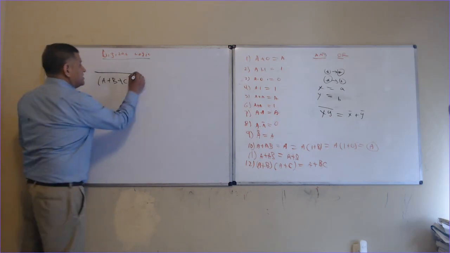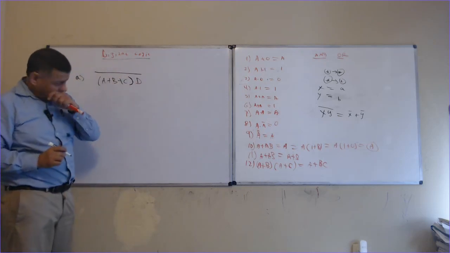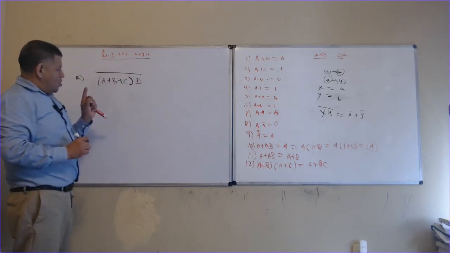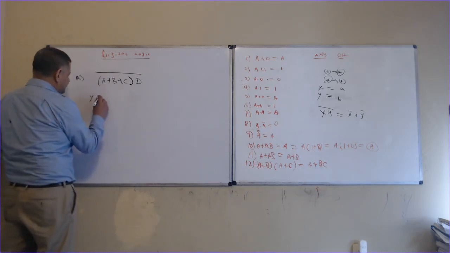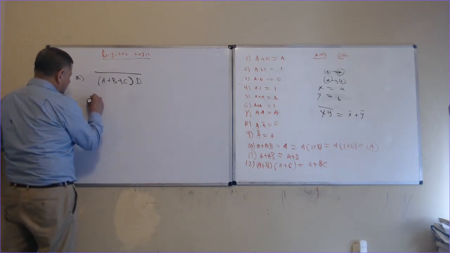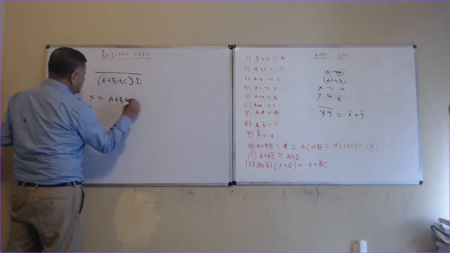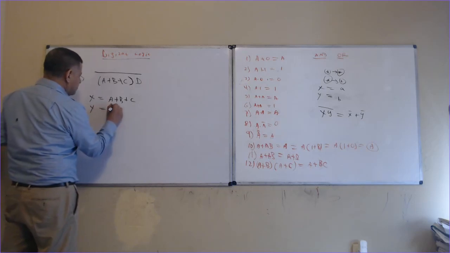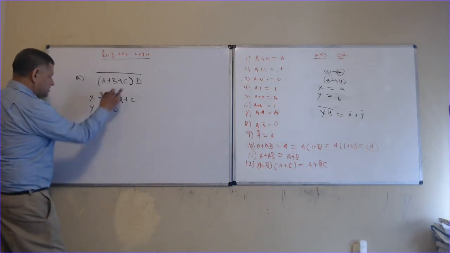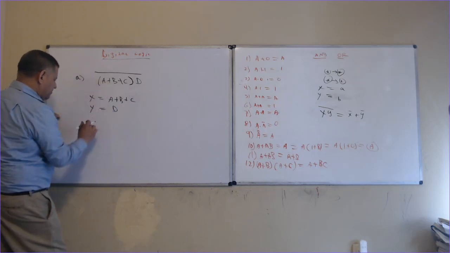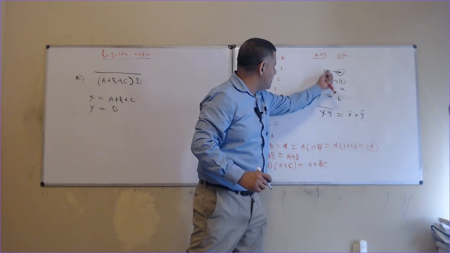So now notice that this is over D. Now, what we can do is the following. We can say that x is equal to A plus B plus C, and y is equal to D. Then we can separate this by using this rule right here, right?